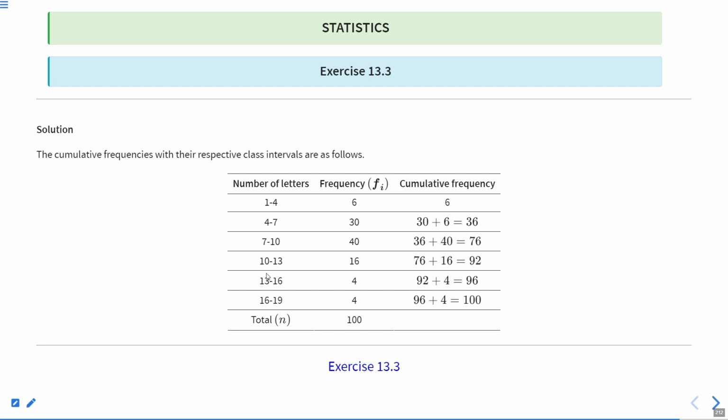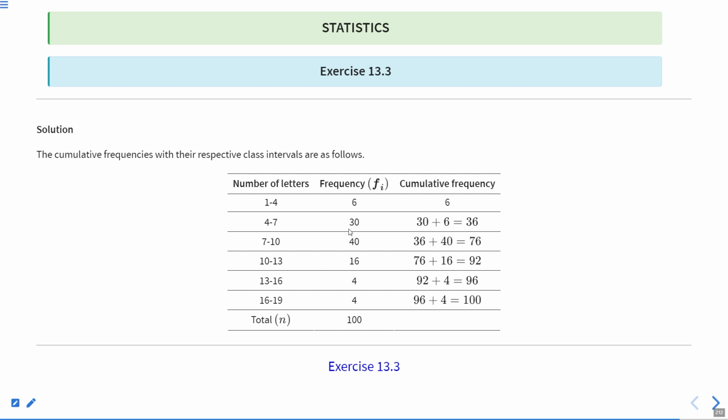Okay, and then 76 plus 16, that is equal to 92, then 92 plus 4, that is 96, and then 96 plus 4, that is 100.